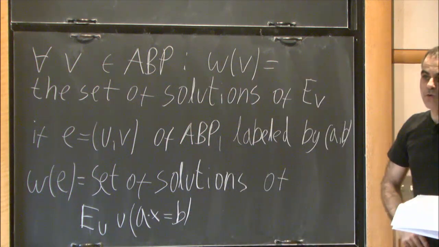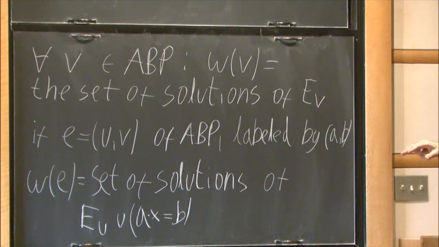This is what you know if you crossed the edge e: you know E_U and you know Ax equals b. So it is the set of solutions of these equations.